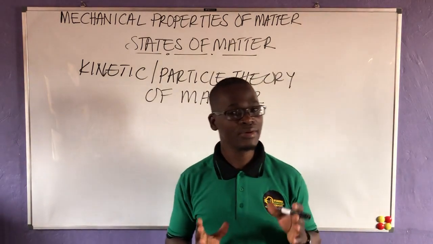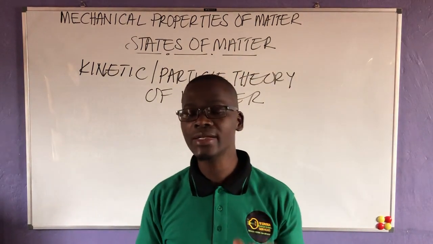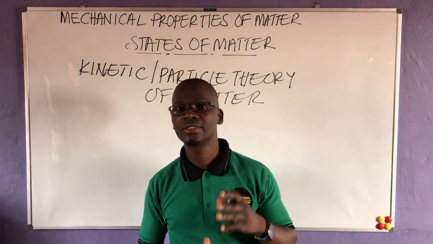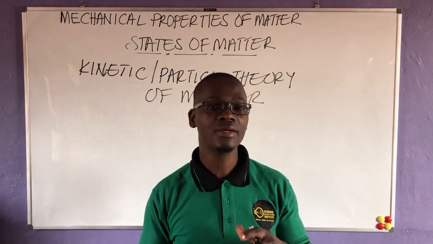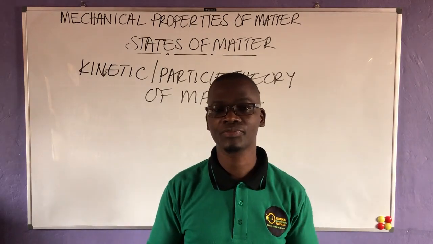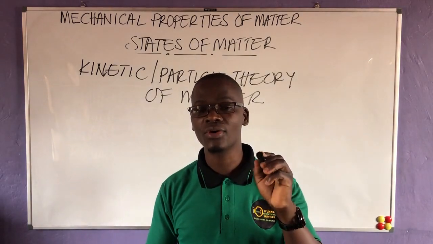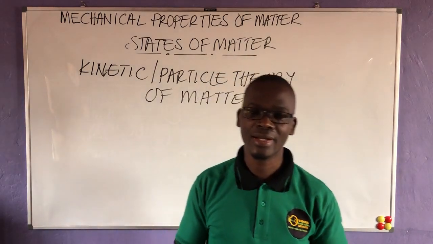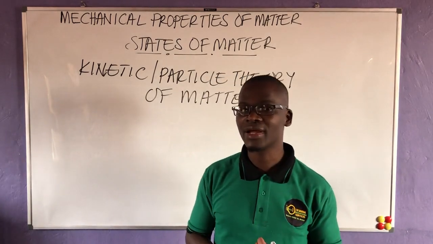The kinetic theory of matter states that all matter is made up of very many tiny particles that are in a random motion, continuous random motion, and their speed depends on temperature. So that is the kinetic theory of matter.